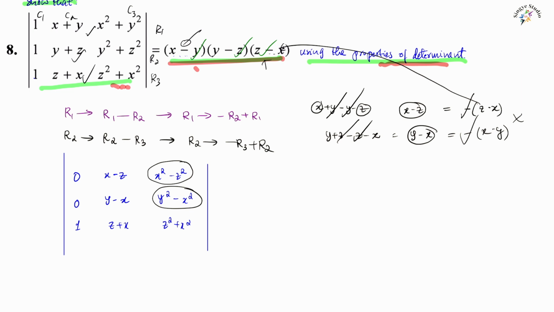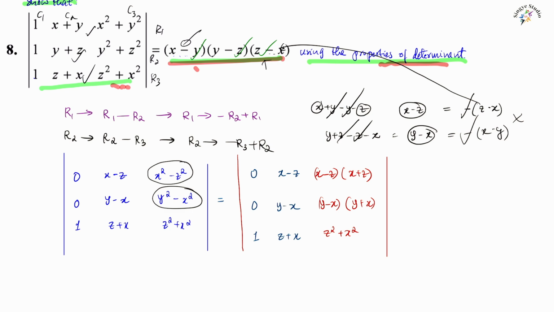By doing this, we will get 0, 0, 1, x minus z, y minus x and z plus x. Here I will modify these to factors: x minus z, x plus z, right? And here y minus x, y plus x, and here z squared plus x squared, okay?